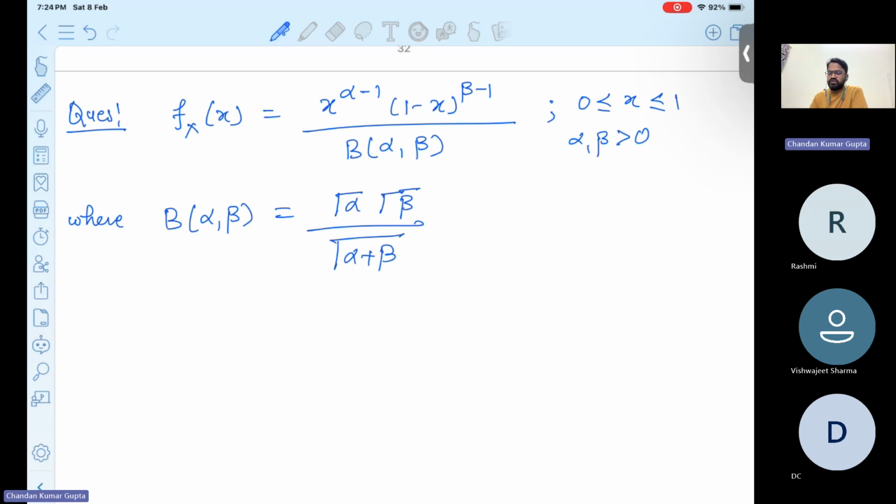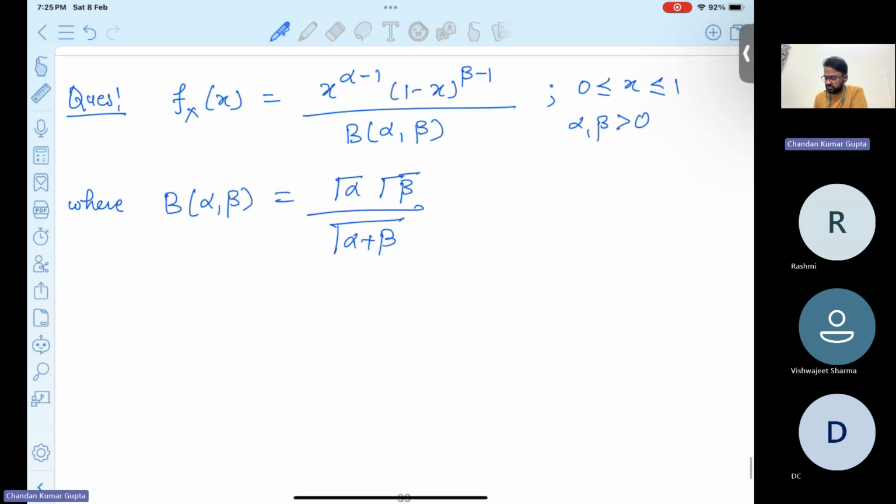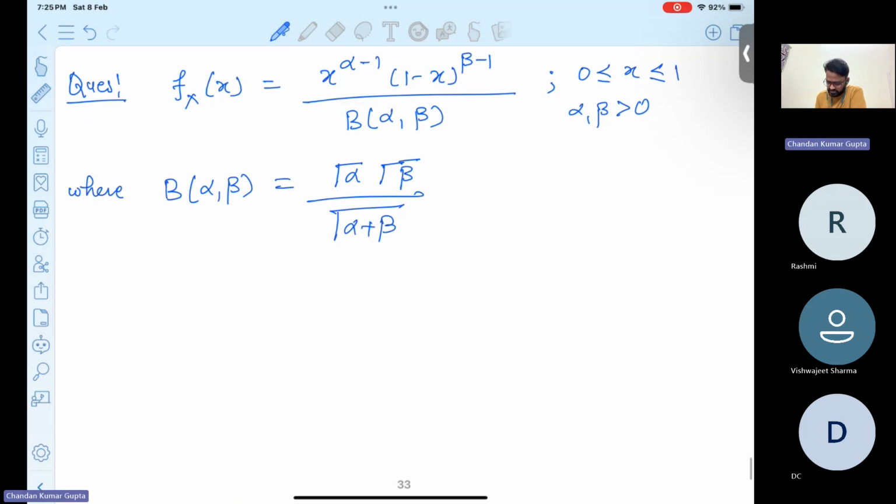We need to calculate the expected value of the random variable x, for which the given PDF is f(x). So just try to solve this with the help of the definition. Okay, it's quite lengthy, but let's try it yourself as well. So, okay, let's start.